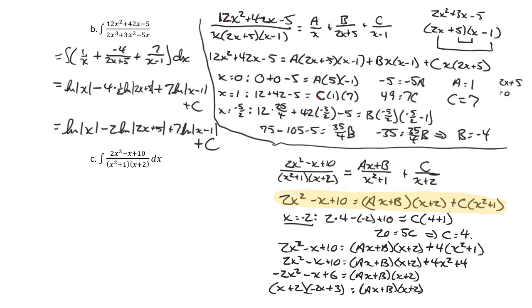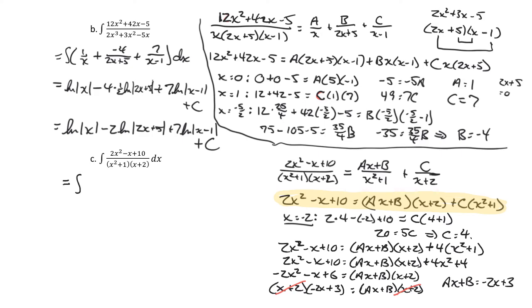Negative 4x plus 3x gives me the negative x in the middle. And when we divide both sides by x plus 2, we find out that ax plus b is exactly negative 2x plus 3.